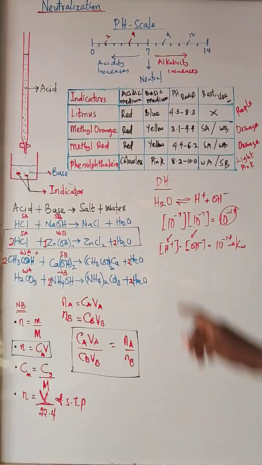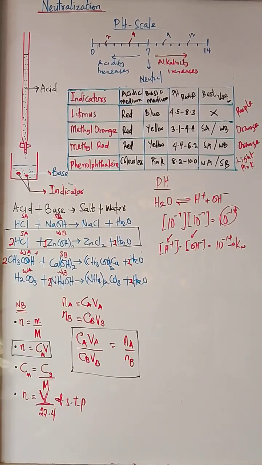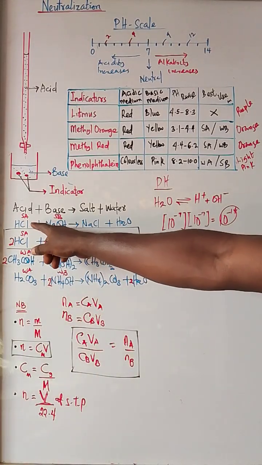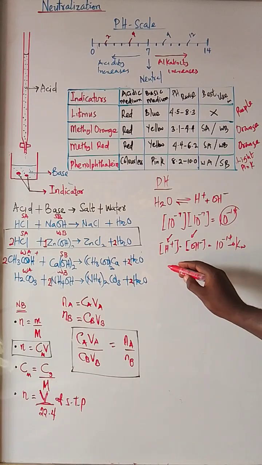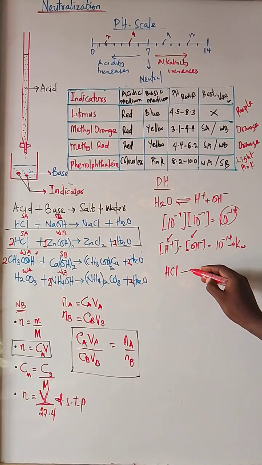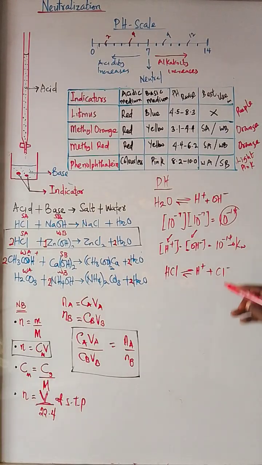So, let's suppose we have acidified water, meaning water to which acid is added. For example, let's suppose we add HCl to water. This HCl dissociates to give us H plus and Cl minus. So we are adding more H plus to it.